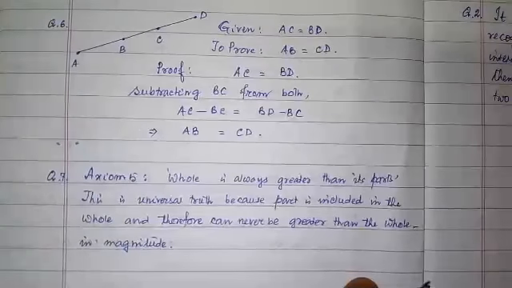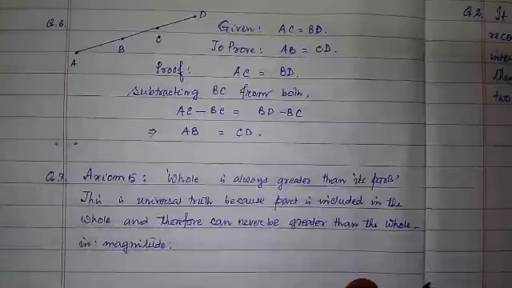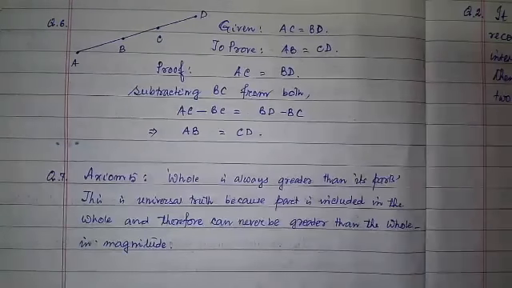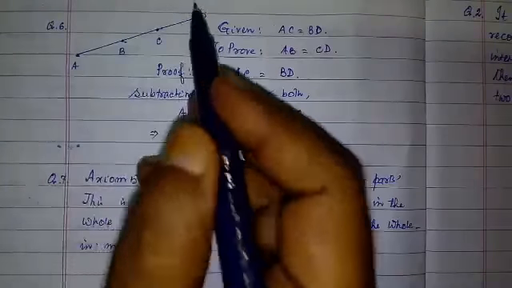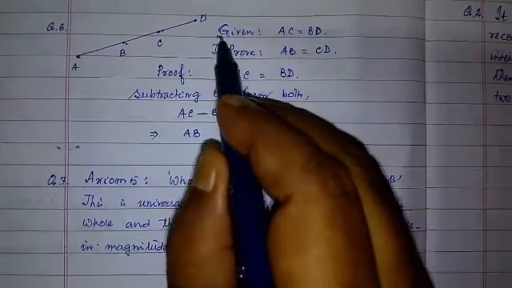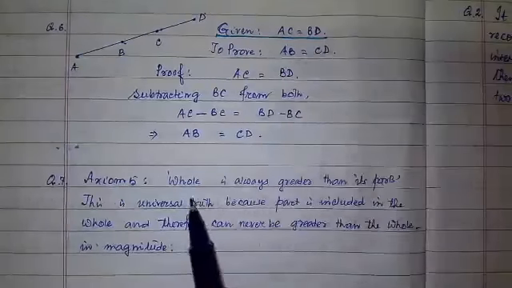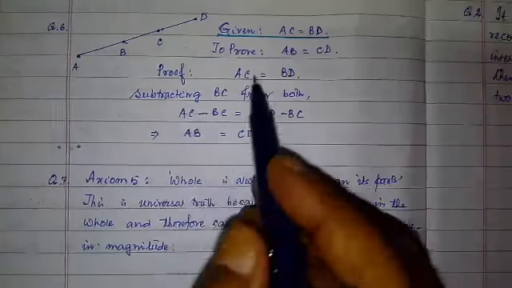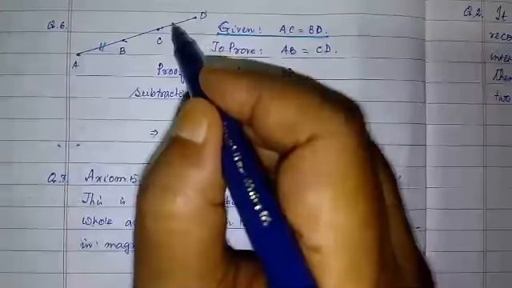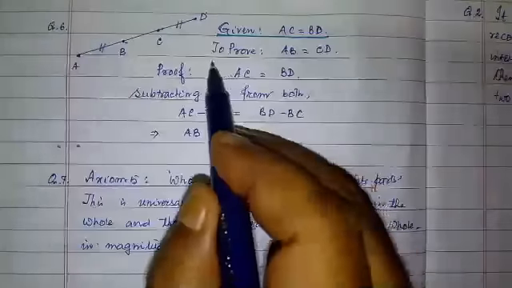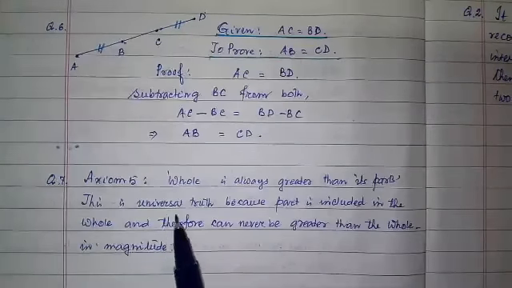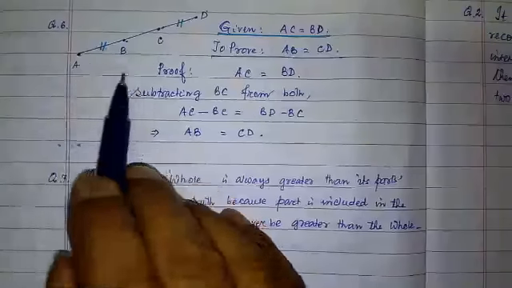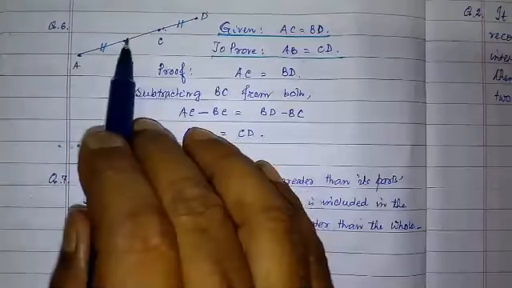Now, question 6. In the figure, it is given that AC is equal to BD. We have to prove that AB is equal to CD. Okay, now let us see the proof. What we are given, AC is equal to BD.